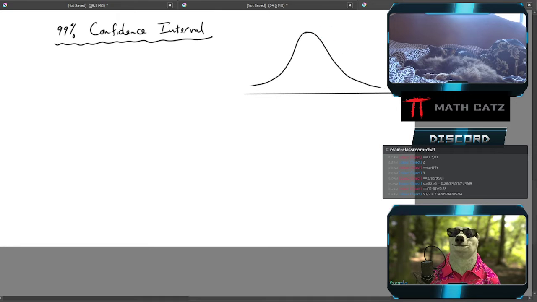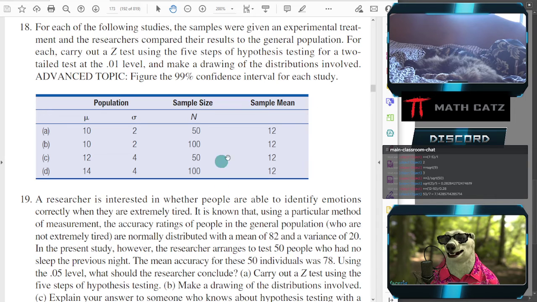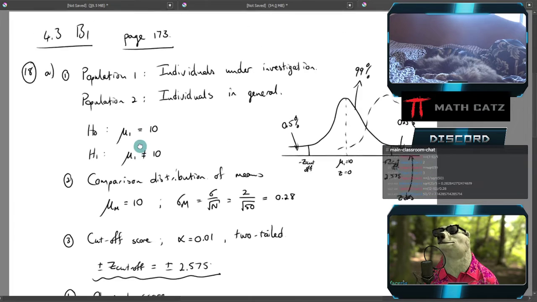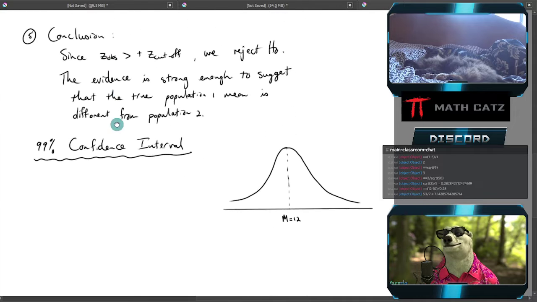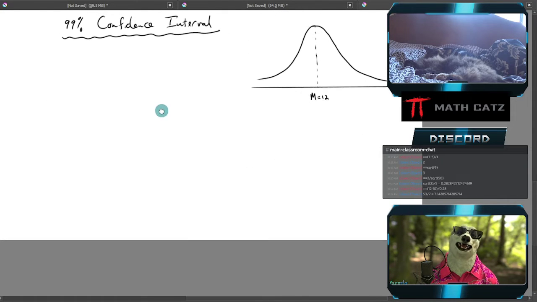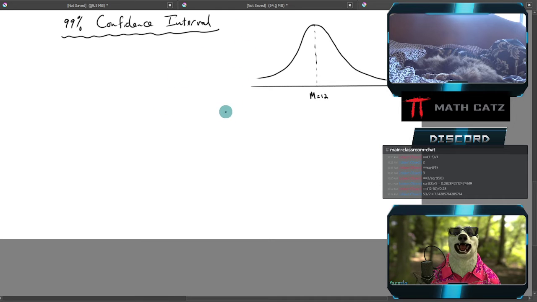Over here, our best guess is to center it around our mean of 12. And to say that, well, we don't think it's 10. We don't know exactly what it is. We think it's closer to 12, but of course we're not sure.